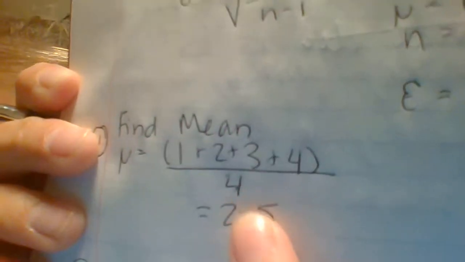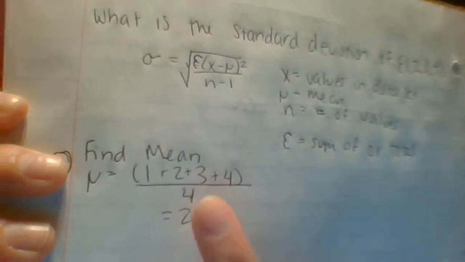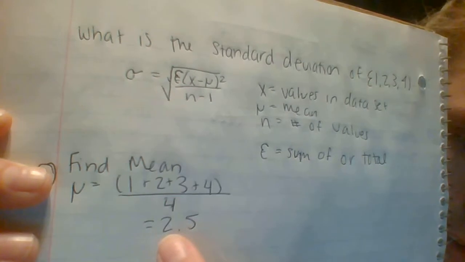So obviously 1, 2, 3, 4, that's 4 numbers. So we'll put that like this, and then we get an answer of 2.5. Once we add all those up and divide by 4, we get 2.5. 2.5 is going to be our mean for the first step.